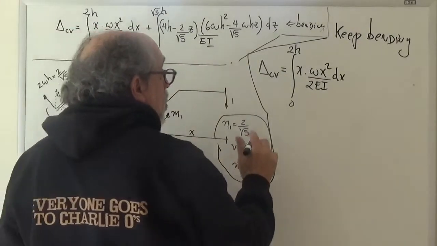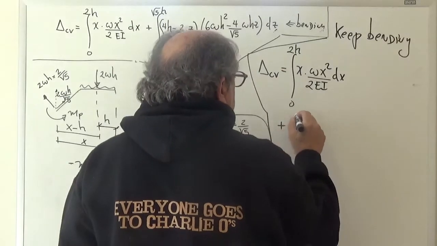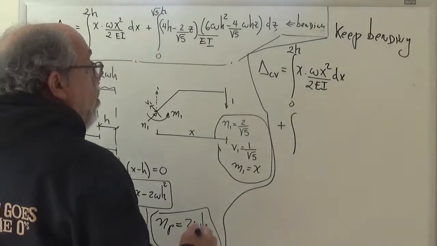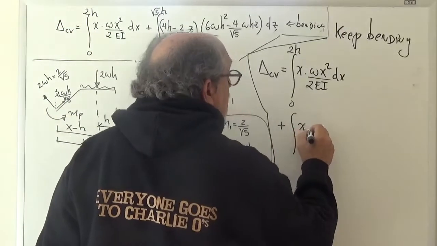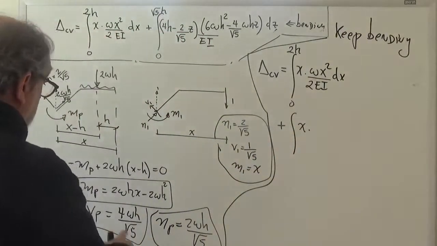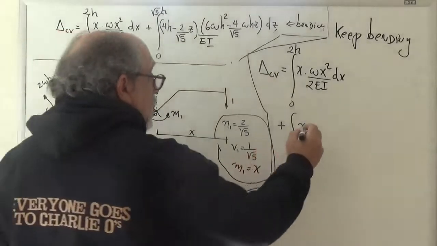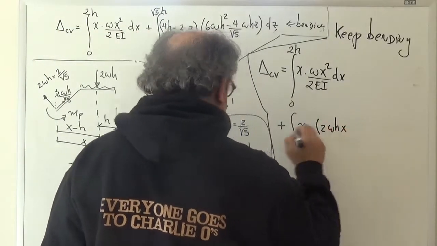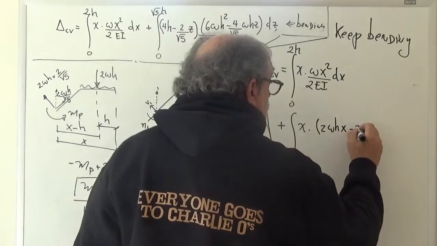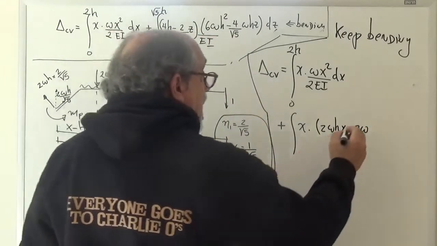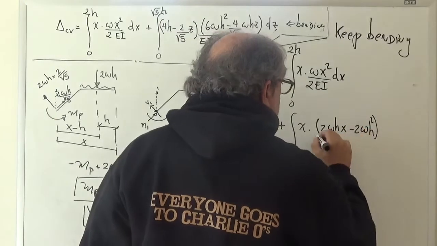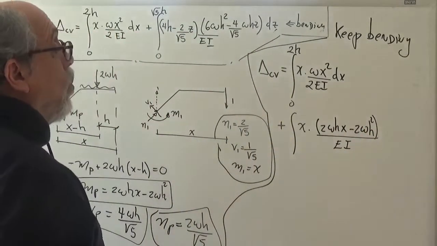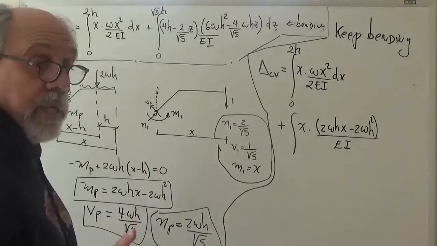What changes now is that the second bar is different, because now the second bar is the moment m1 still just x, right? And the moment mp is this one, which is 2whx minus 2wh squared divided by EI, and then here is the point, okay?